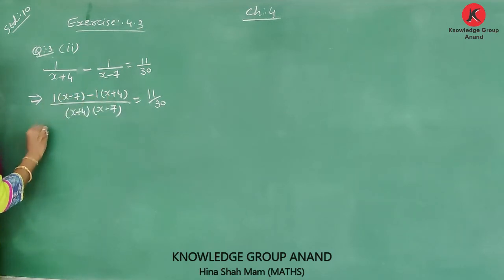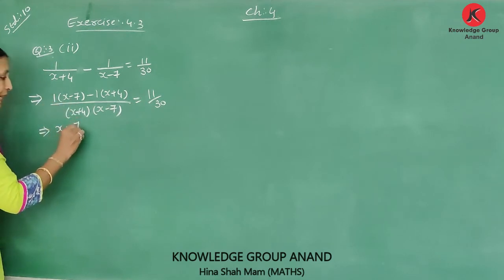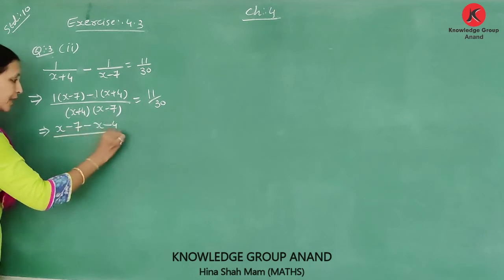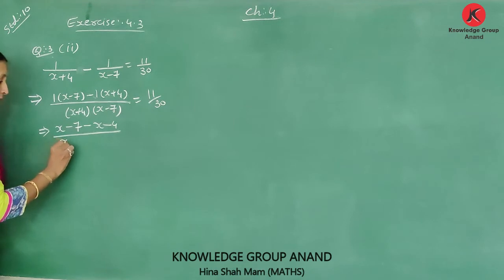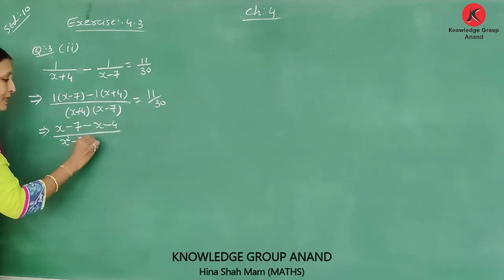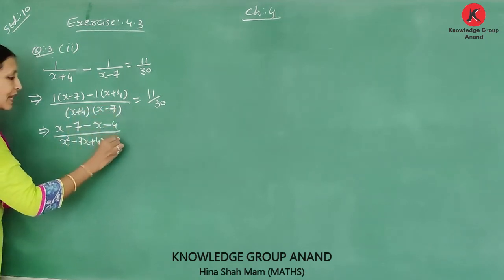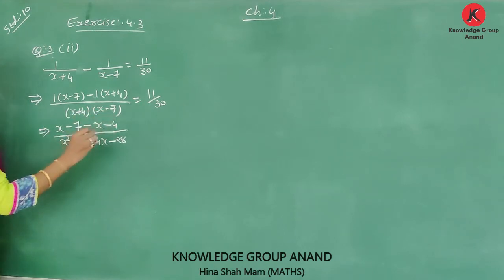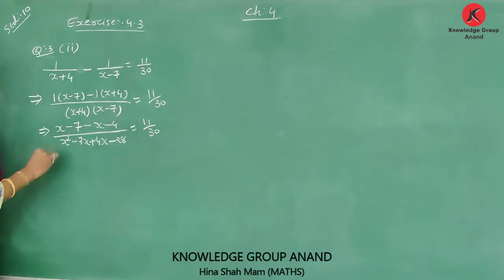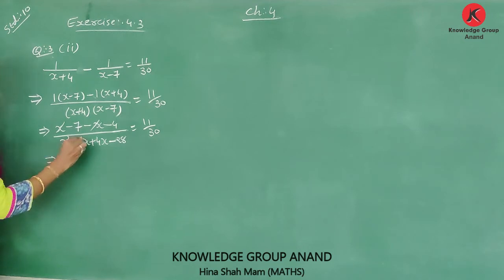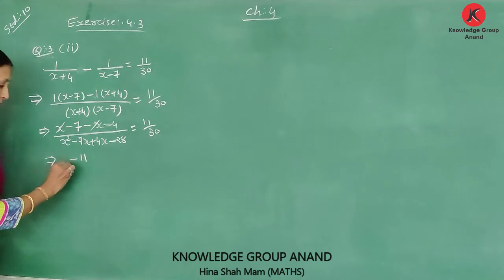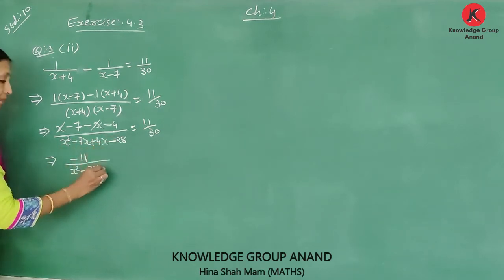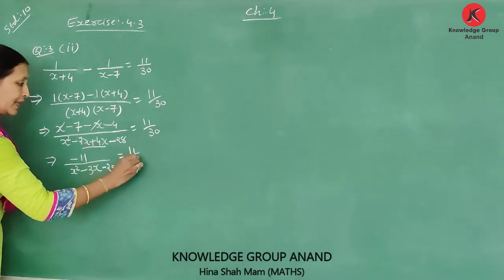Now open the brackets. x minus 7 minus x minus 4 gives minus 11 upon the multiplication of these two brackets: x square minus 7x plus 4x minus 28. That is, minus 11 upon x square minus 3x minus 28 equals to 11 upon 30.